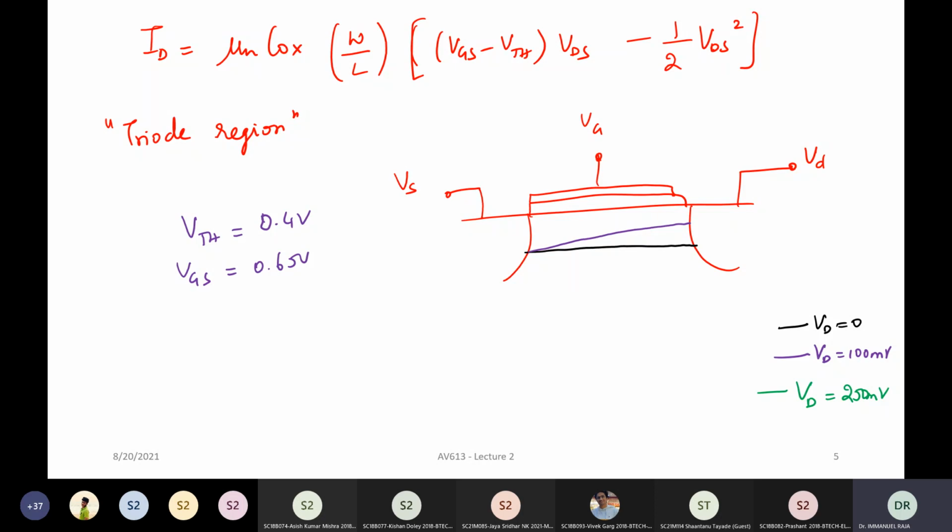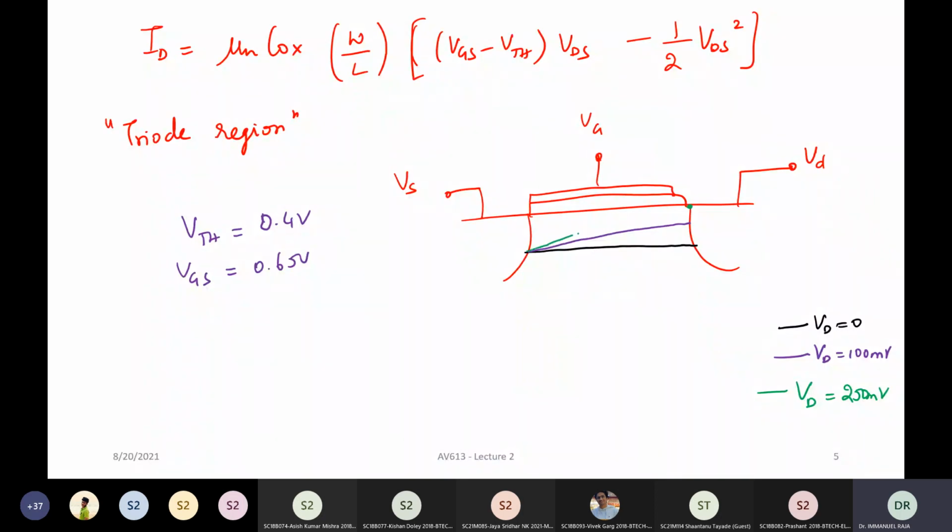Now, what will happen? At this point, close to the drain, your VGS is 0.65 and your VTH is already 0.4, right? And your overdrive is supposed to be 250 millivolt, but your VDS itself has now risen to 250 millivolt, which means for this particular case, there is going to be zero channel at the drain end, right?